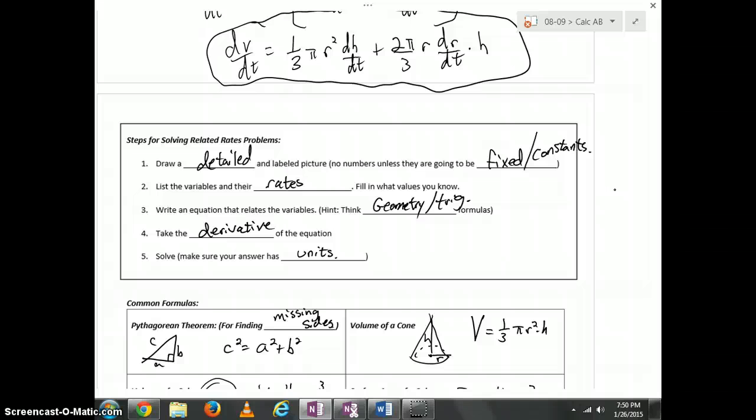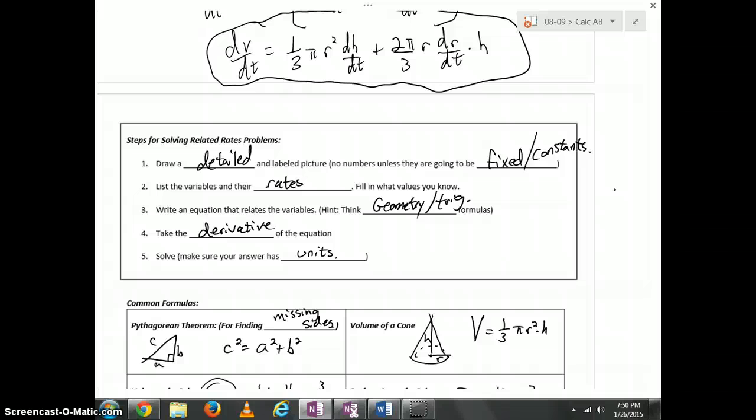Number two, listing the variables and their rates. Very often in the information as you're told about the problem, you might very well have a given rate. And that rate might even be just for one particular instant in time. But fill in what values you know. As you're looking around, hopefully then you can write an equation.